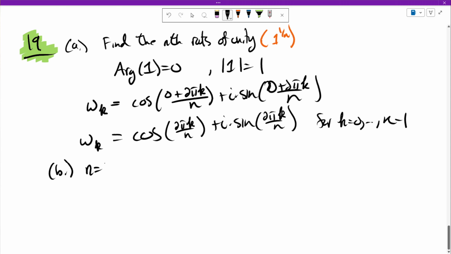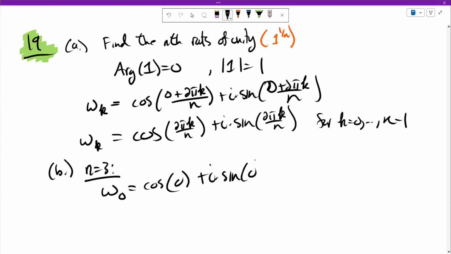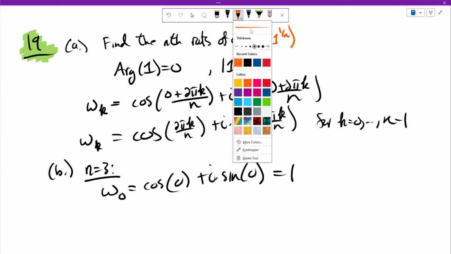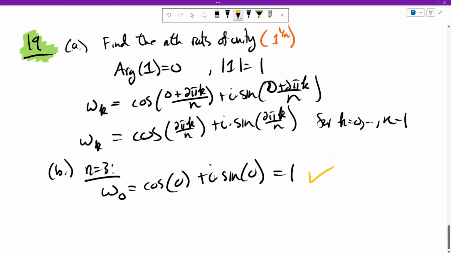We're going to start off with n is equal to 3. So when n is equal to 3, we have w naught is cosine of 0 plus i sine of 0. And that's 1. Okay, 1 is a cube root of 1. Check. Great. We're golden.